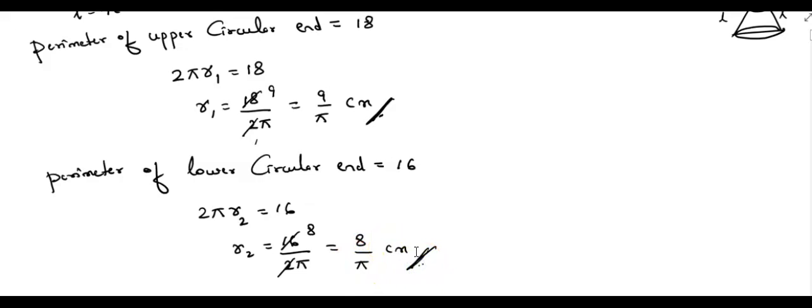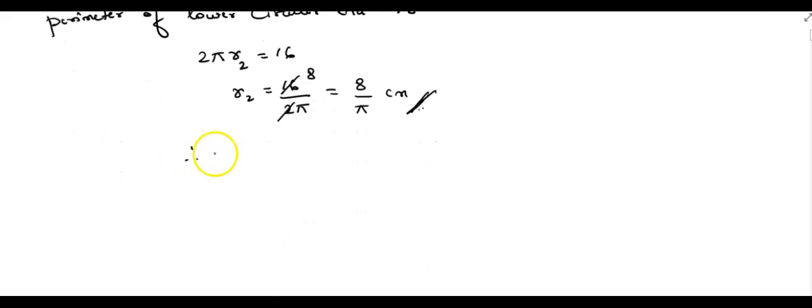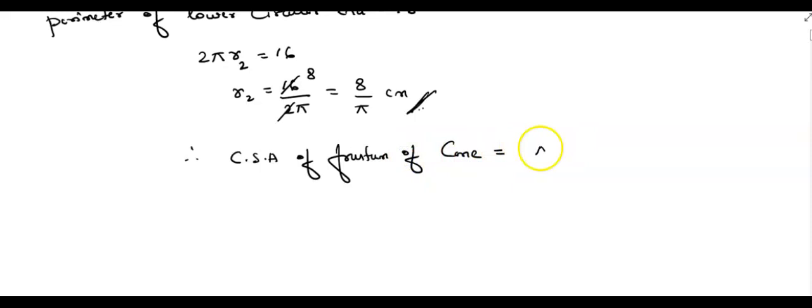Now we have to calculate the curved surface area of the frustum of the cone. We know that the curved surface area of a frustum of a cone is equal to pi into r1 plus r2 into L. Got it?